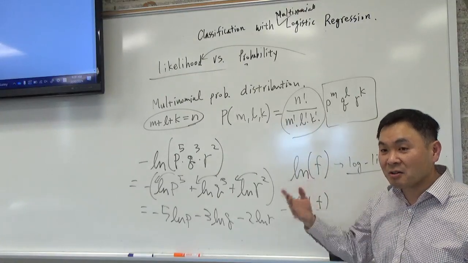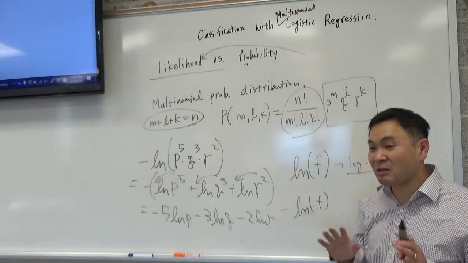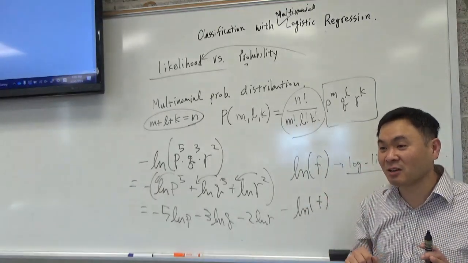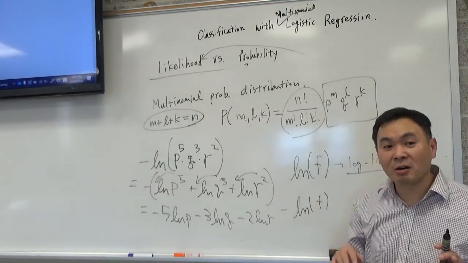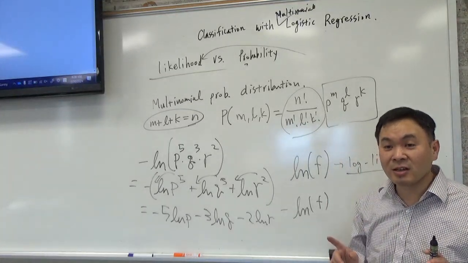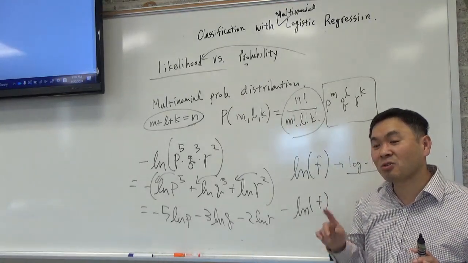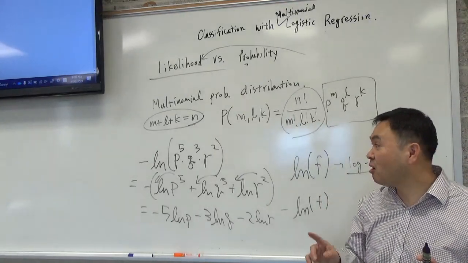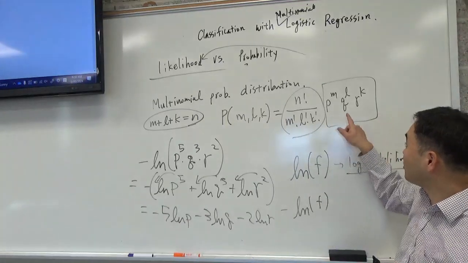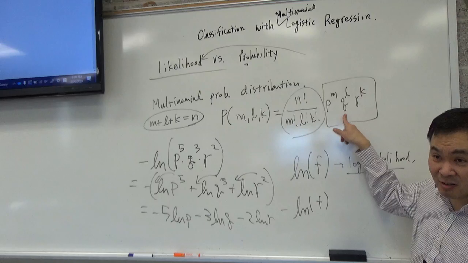So now let me restate the statement I made in the beginning. What did I say? Multinomial logistic regression is minimizing the negative log likelihood of the multinomial probability distribution. That's what's happening.